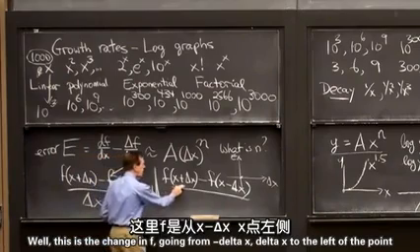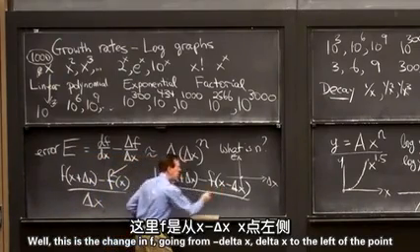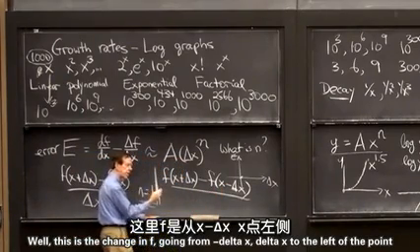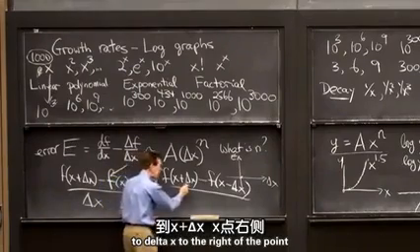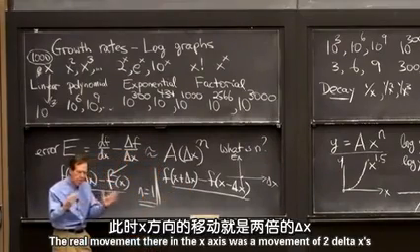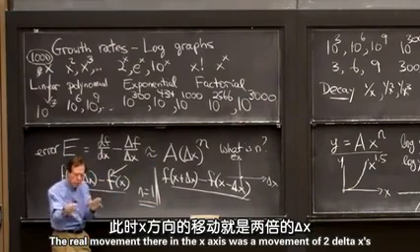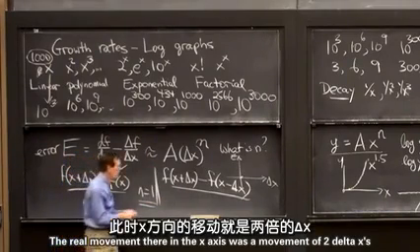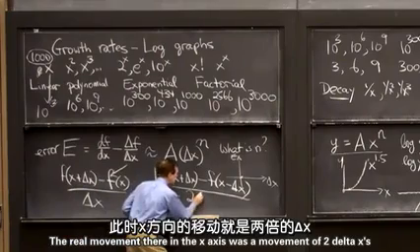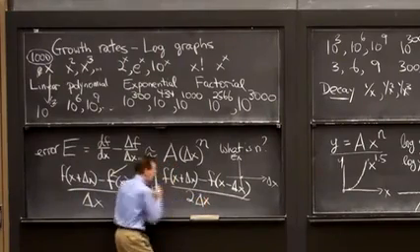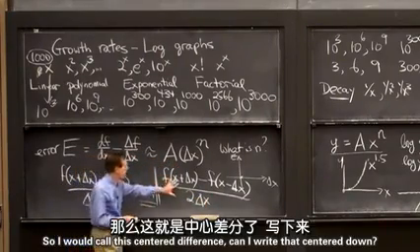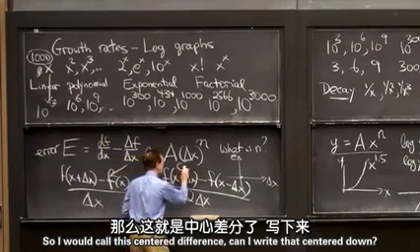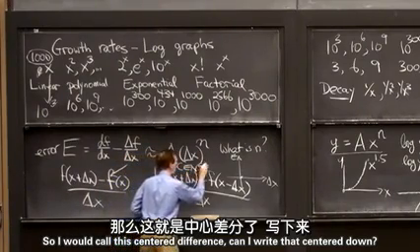Well, this is the change in f going from minus delta x to the left of the point, to delta x to the right of the point. The real movement there in the x-axis was a movement of 2 delta x's. So I would call this a centered difference. Can I write that word centered down?